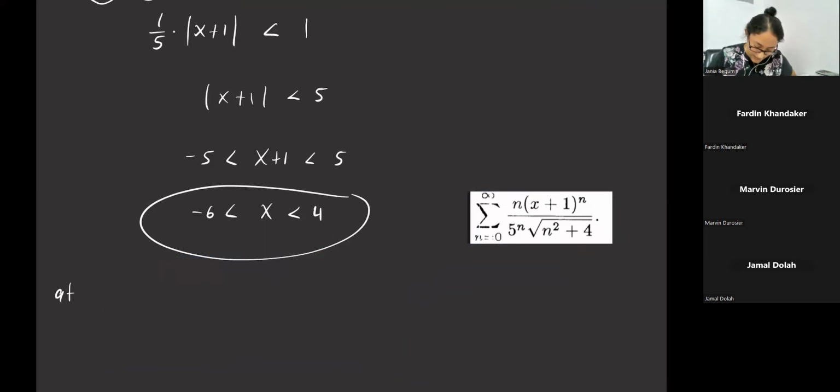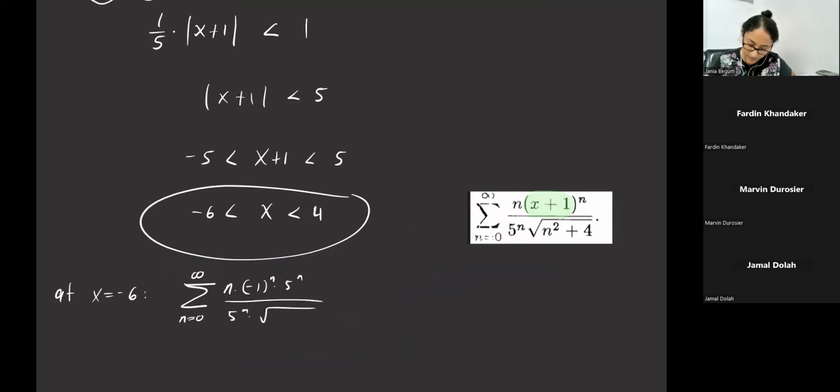So at x equals -6, if you plug -6 into this x right here, you will have the sum from 0 to infinity of n times -6 plus 1, -5 to the n, right? Then I can pull out the -1 to the n and then 5 to the n, all over 5 to the n times the square root of n squared plus 4.